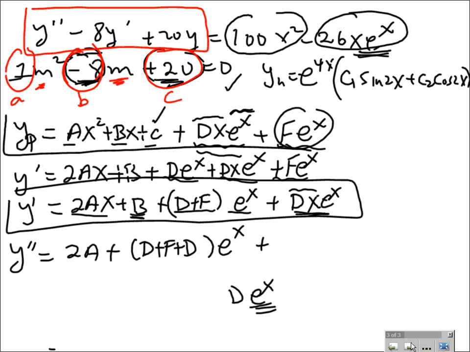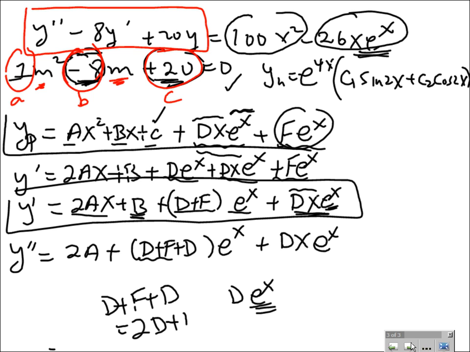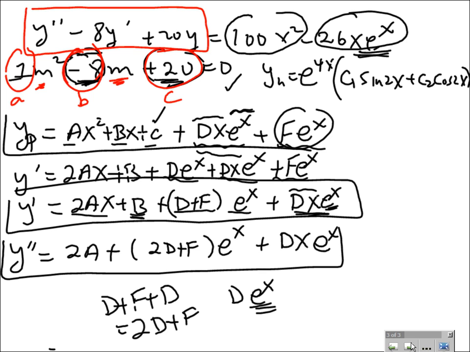So I'll have d more than just d plus f. And then I don't take the derivative of e to the x, but I multiply that by the derivative of dx, and I get that. Now, of course, d plus f plus d is 2d plus f, which I'll write down. 2d plus f. So that is the second derivative.